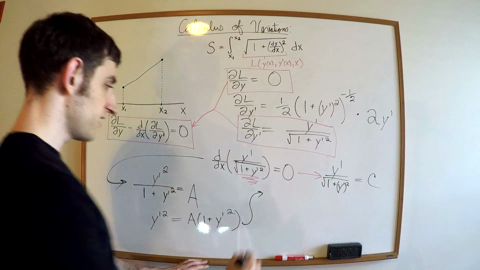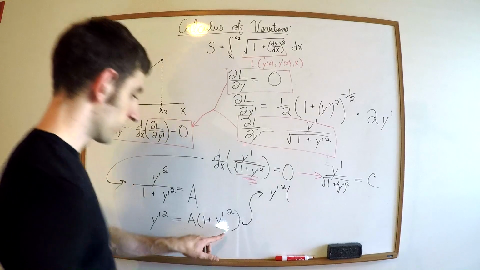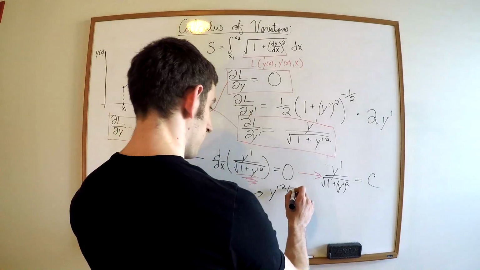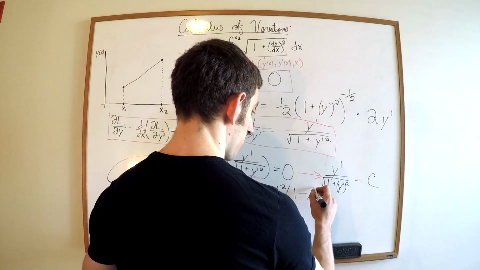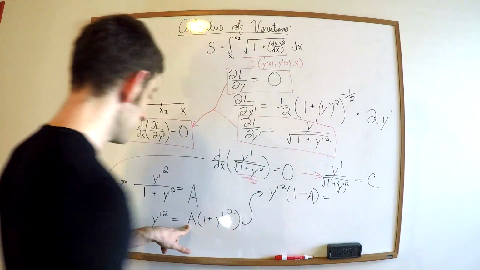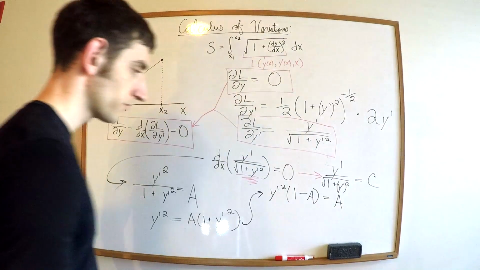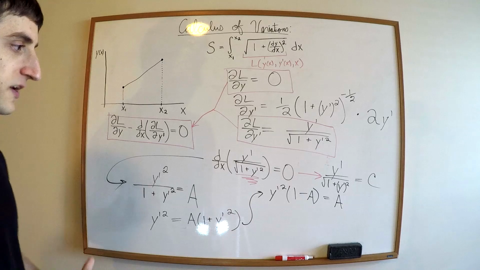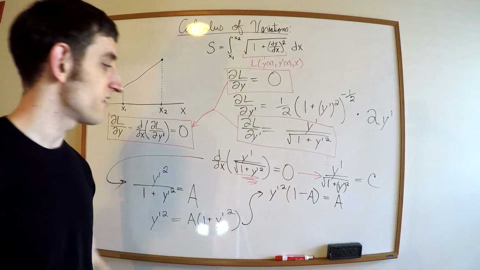So we're going to take the y prime squared, pull this guy over, so this is going to be 1 minus a, equals a. Okay? So what we can do is, again, move that over to isolate this y prime and take the square root.